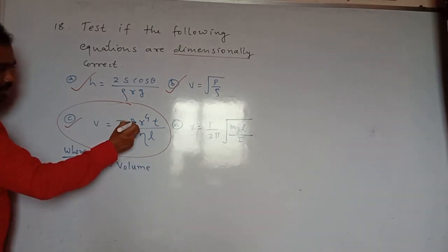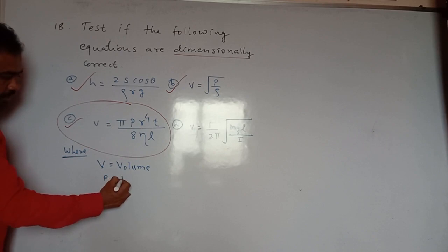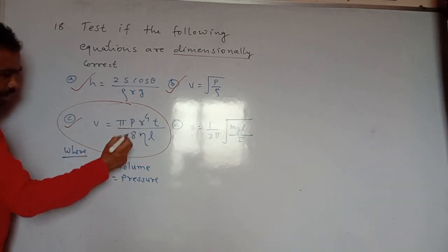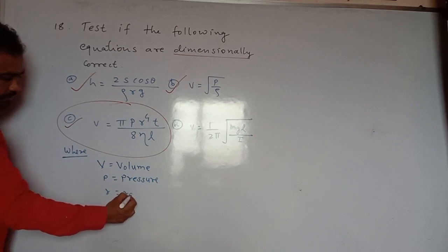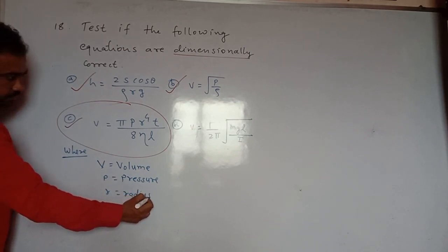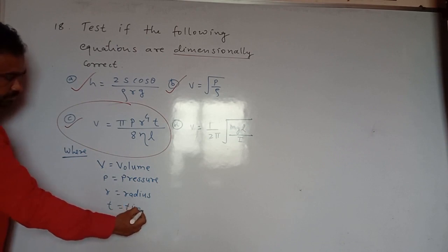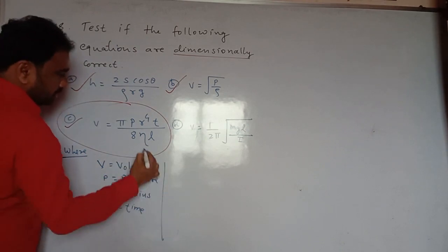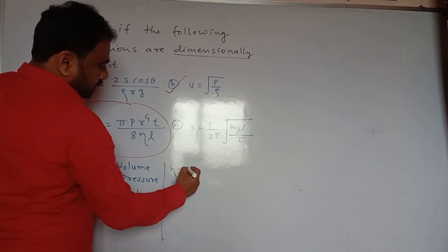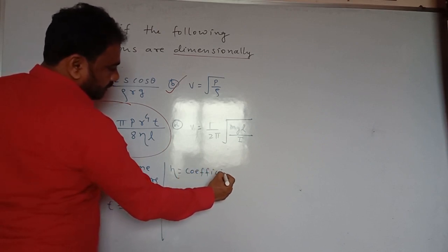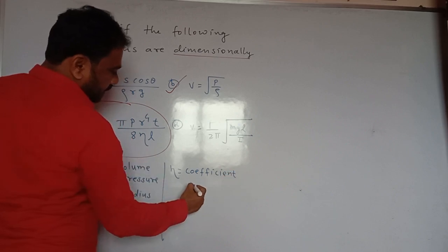Pi, it is a constant. Then P stands for what? Pressure. Then r, that is the radius. t, that is the time. Eta, this eta is called the coefficient of viscosity.